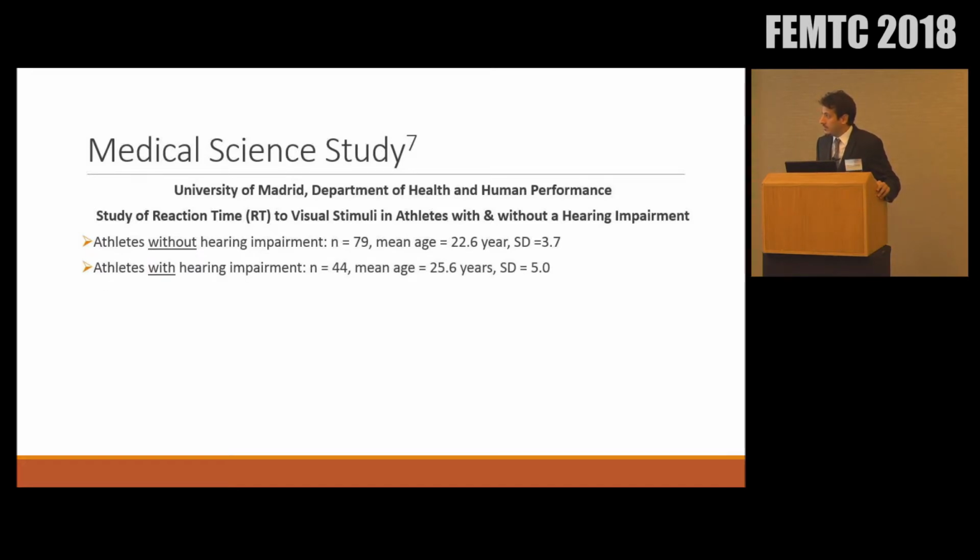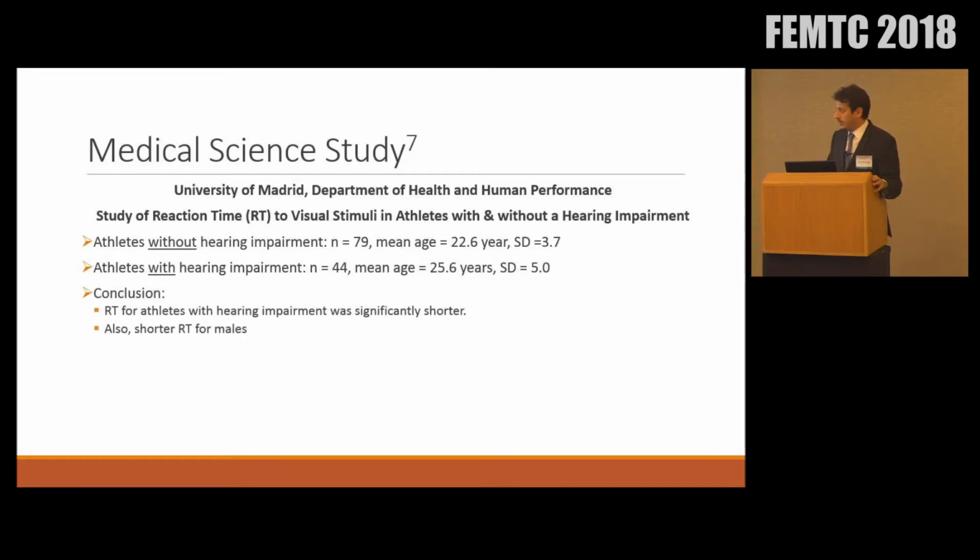They also tested athletes with hearing impairment, and the reaction time for people with hearing impairment was much slower than normal, as expected.